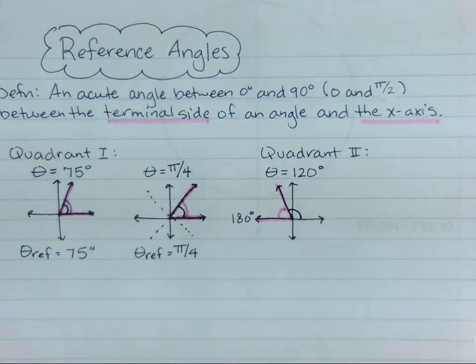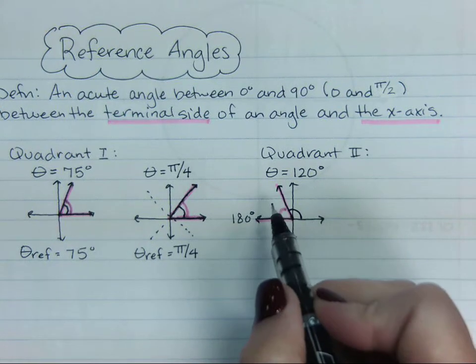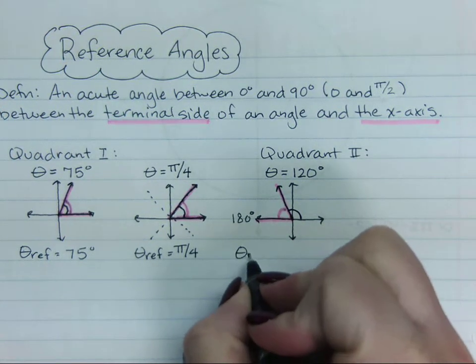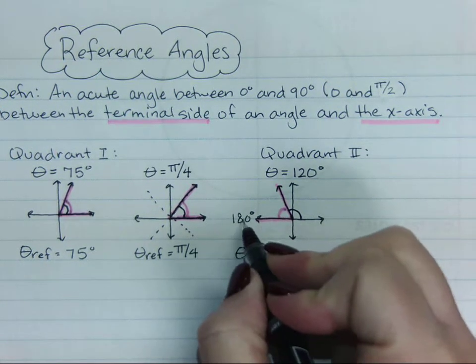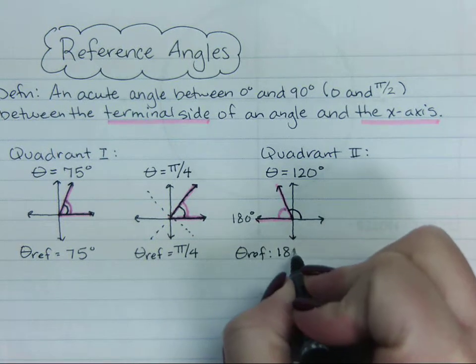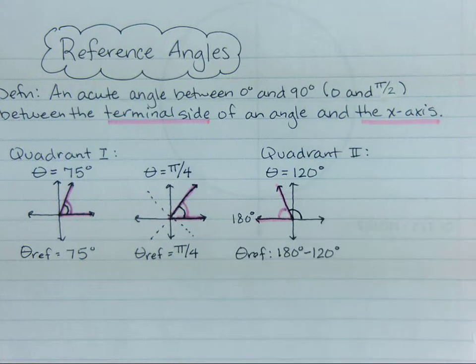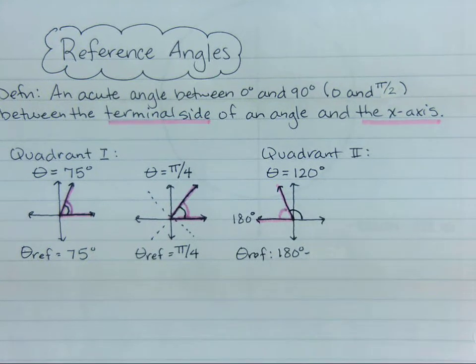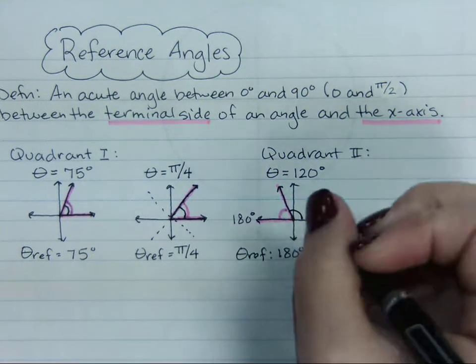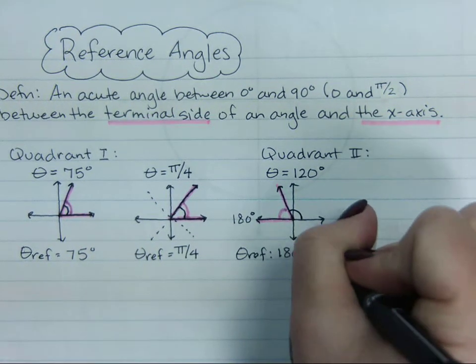So in this case, when I have an angle that is in quadrant 2, to find my reference angle, I'm going to take the closest x-axis value, which is 180 degrees, and subtract whatever theta is. All right? So I want to take 180 minus my angle, and this is going to be my guide.